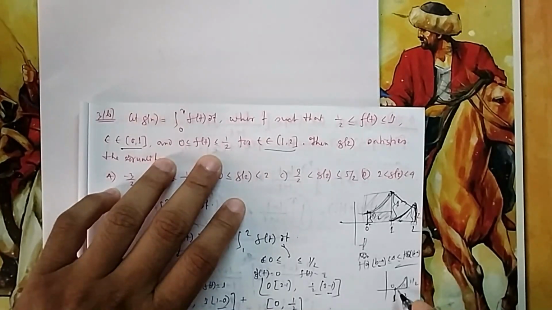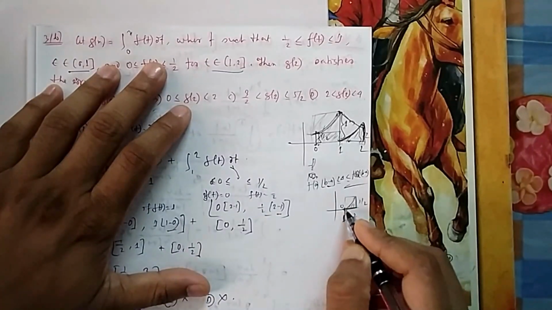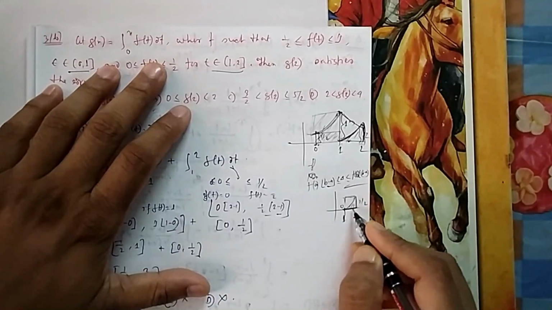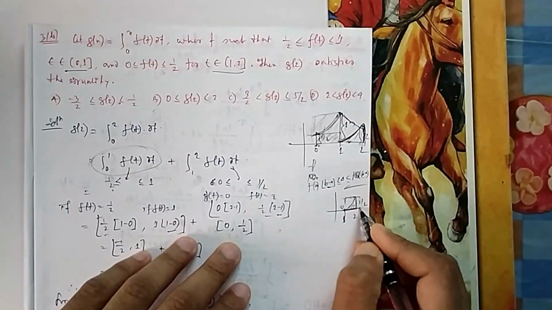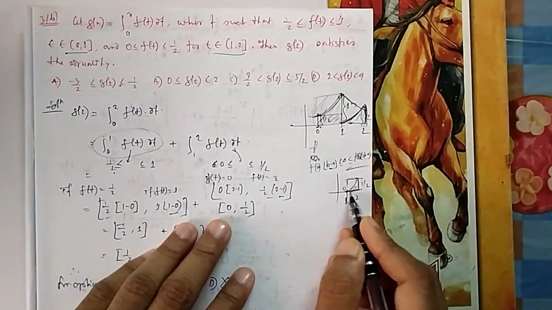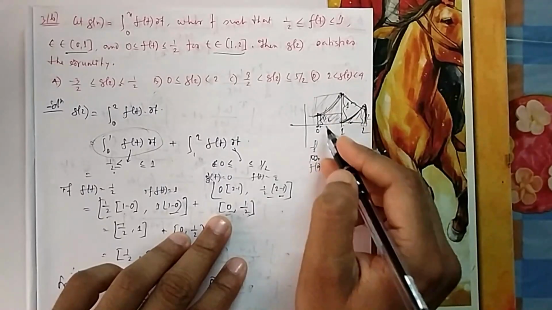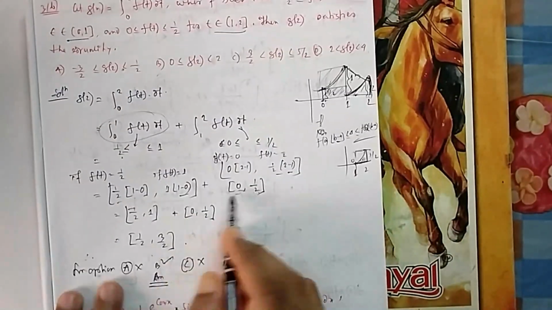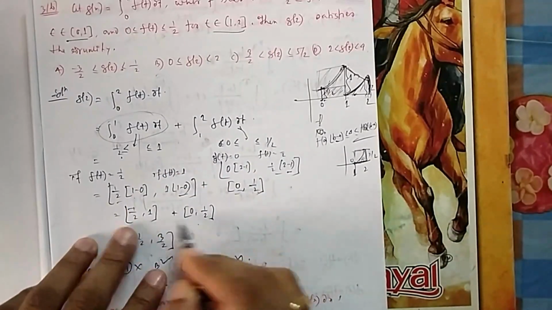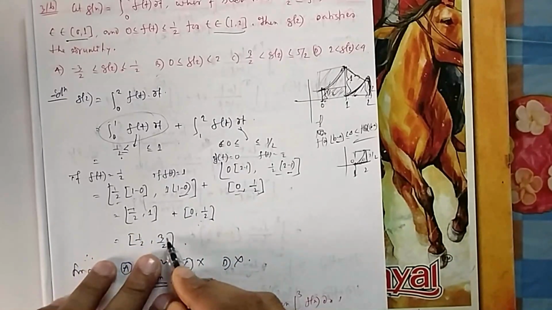So this area is between 0 into this, that is the inner rectangle, and the outer rectangle, which is half into (2 minus 1), half into this length, which is half. So this area is between these two, and the other area is between these two. The summation will be 0 plus half, and half plus 1, so the total area will be between half and 3 by 2.